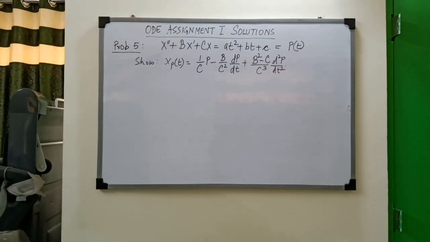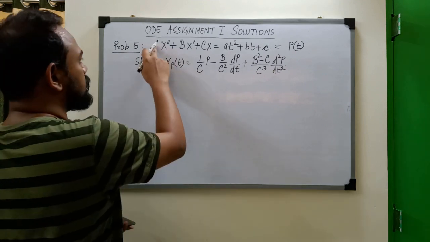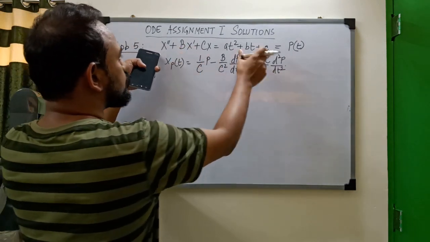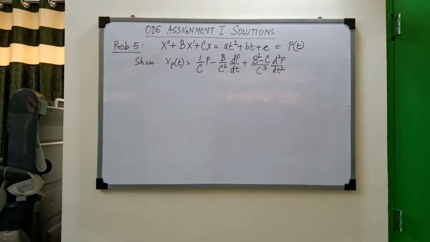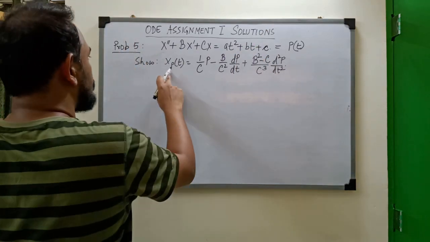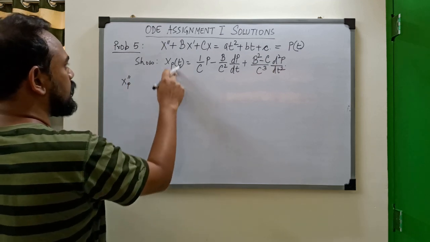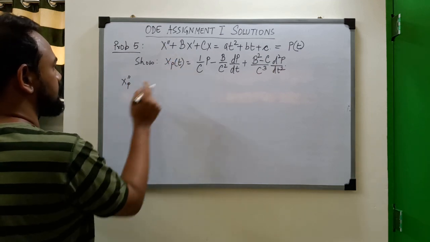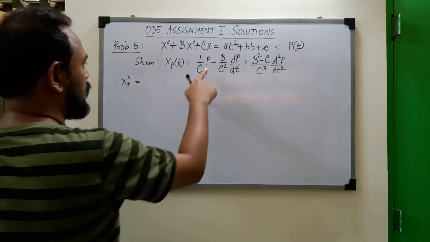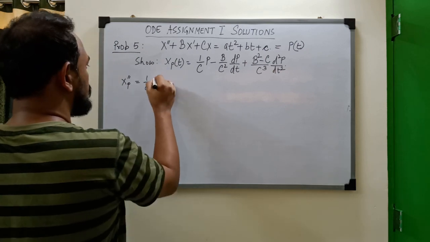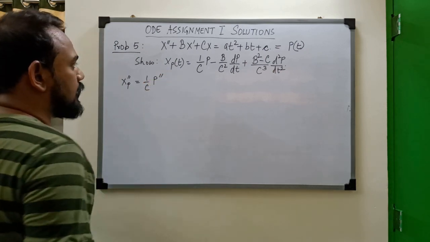Okay, so we have to show that this is a particular solution of this. In other words, if you put this in here, you should get this as the right hand side. That should be easy. I want to first find this one. If I'm putting this here, I'm double differentiating this, which gives me what? These are all constants, so I get a double differentiation of P. Let me just write it like that.